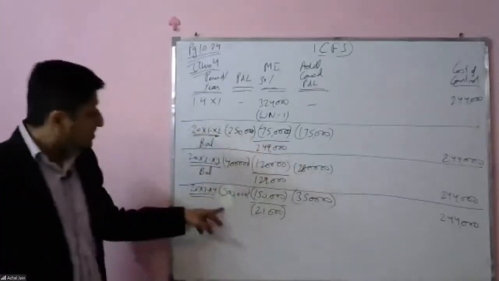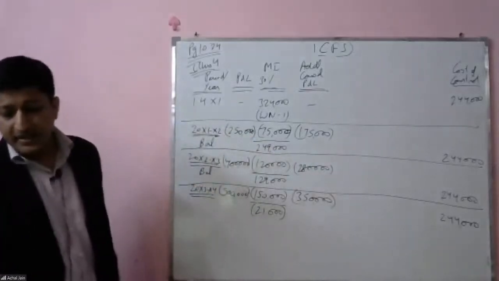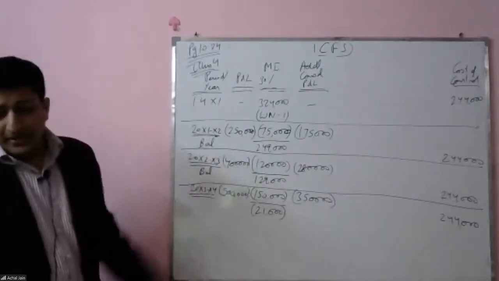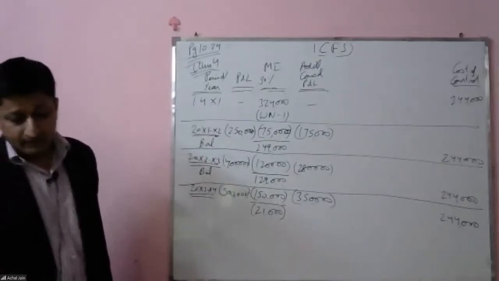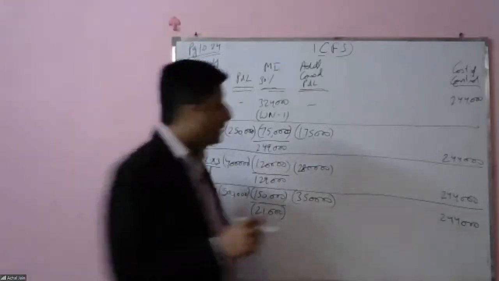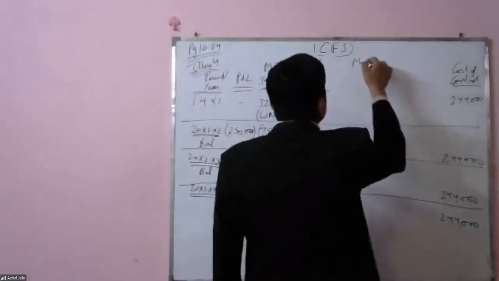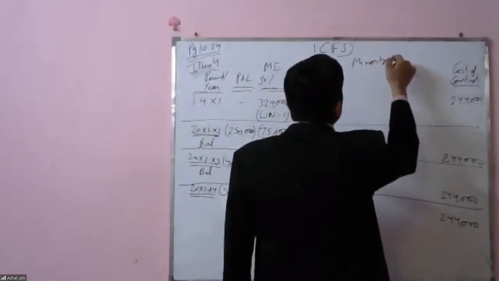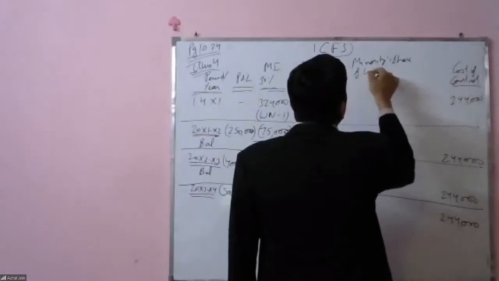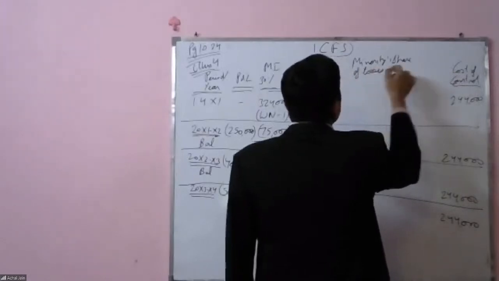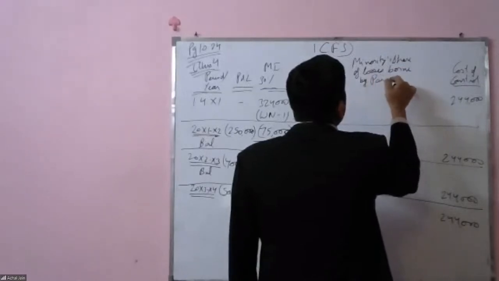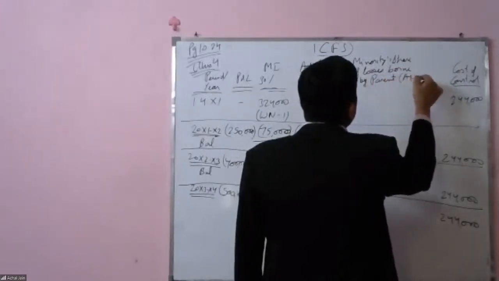So at the end of this year itself, what do we do? This loss will be transferred to the parent. So minority share of losses borne by A Limited. Who is the parent?